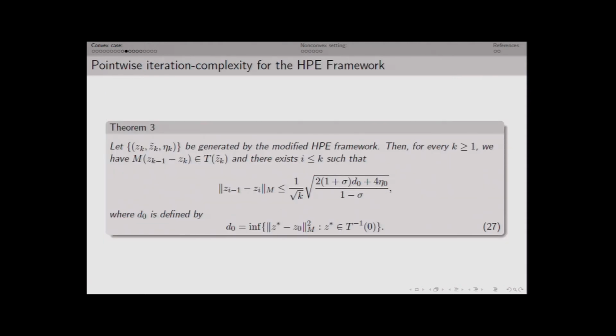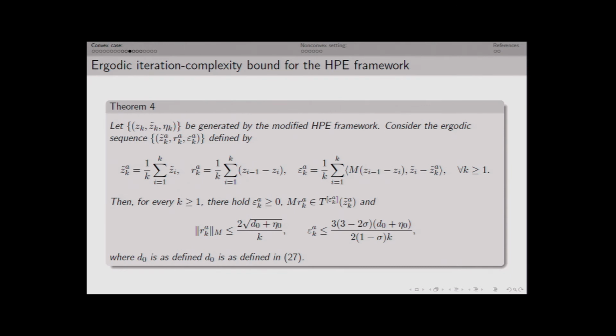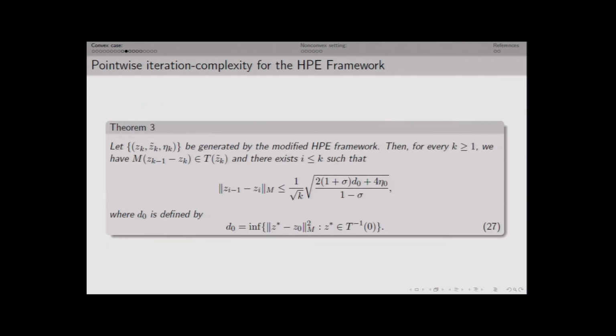In this modified Hpe framework, you have the same complexity results as the usual Hpe framework. Things are just modified to take into account these operators, but the results are still the same. So this is the ergodic case, where you just take some averages, and you see that there is some improvement, as Michael already discussed.